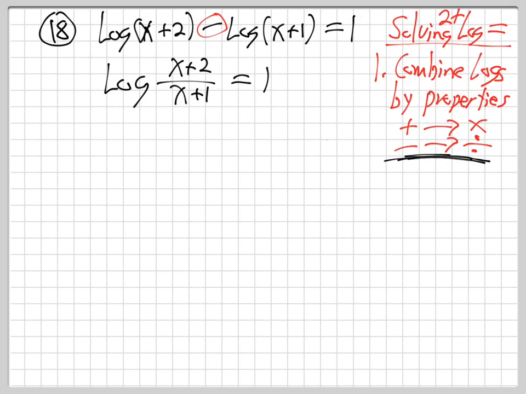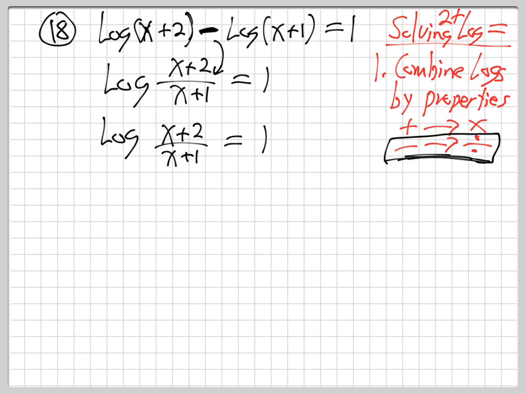If that had been a plus in the middle, I would have multiplied the x plus 2 and the x plus 1, but it was minus, and minus leads to divide. So those are the properties. Now, let's rewrite it. We got log of (x plus 2) over (x plus 1) equals 1.